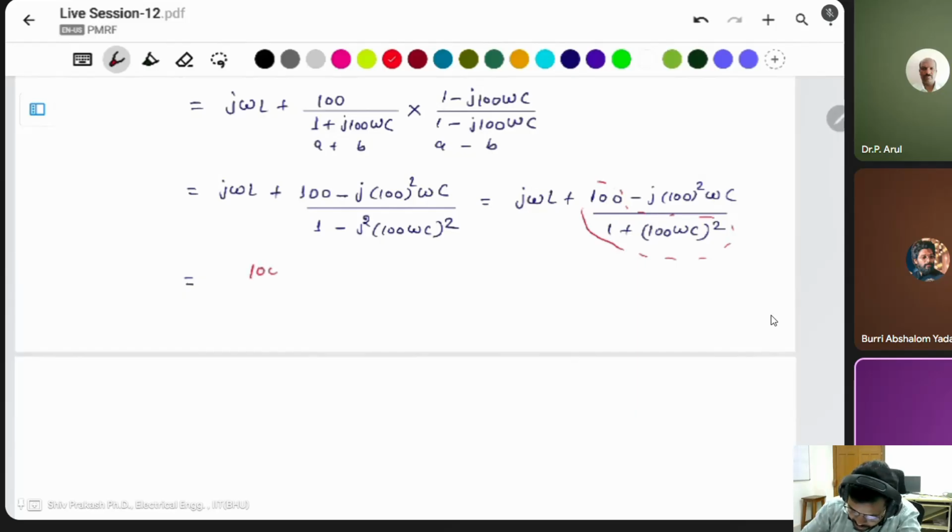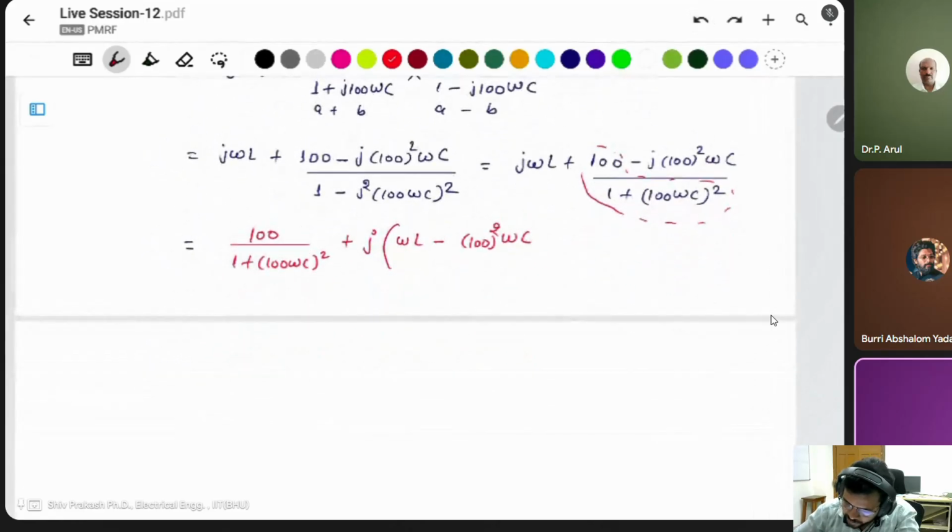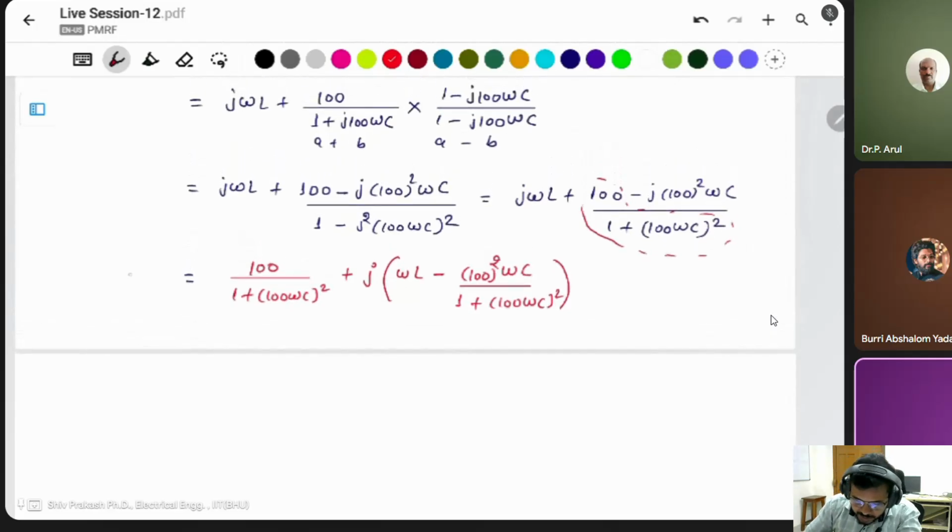So the real part is 100 divided by (1 plus (100 omega c) square), plus j times the remaining part, omega L minus 100 square omega c, divided by (1 plus (100 omega c) square). This is the Z AB.